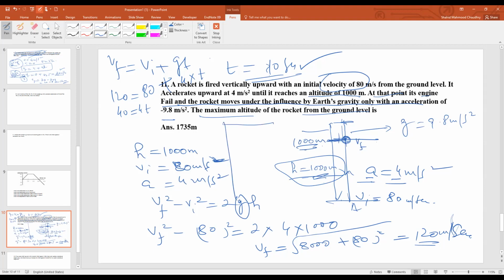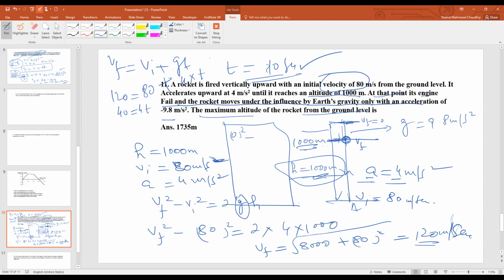So you will apply the formula. Watch. It is now at the maximum position. At the maximum position, the final velocity is what? 0.